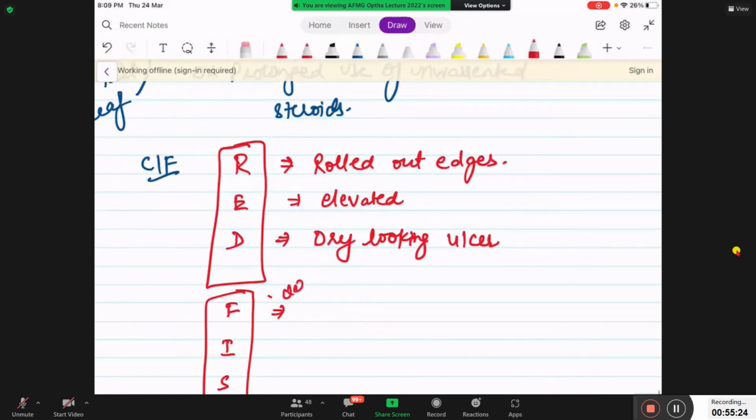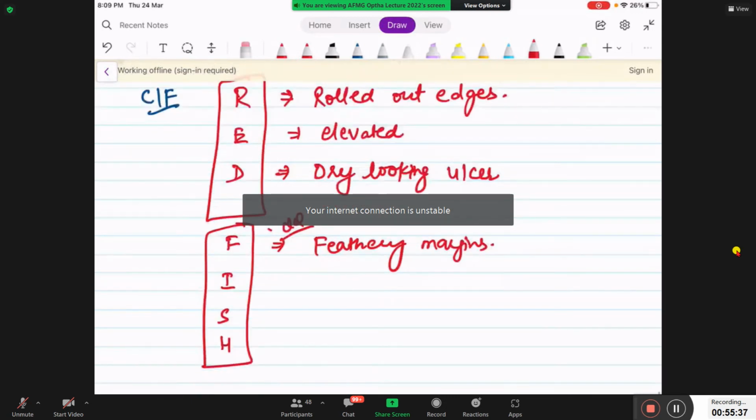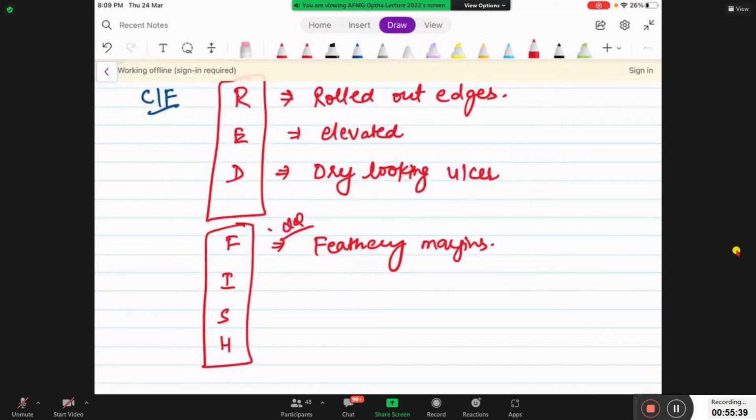If they give you this in the question, the answer will be fungal corneal ulcer. The ulcer will have feathery margins, very important. Immune ring of Wesley.